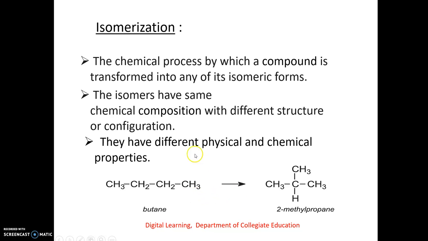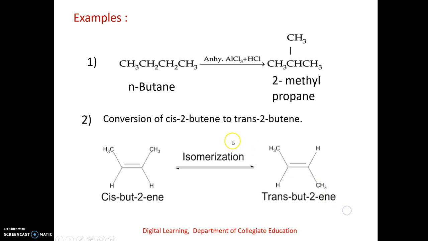If converted upon isomerization into a branched chain, it is 2-methylpropane or isobutane. This process we call isomerization. So in the same example, n-butane upon heating in the presence of anhydrous aluminum chloride and hydrochloric acid is converted into its isomeric form, that is 2-methylpropane.